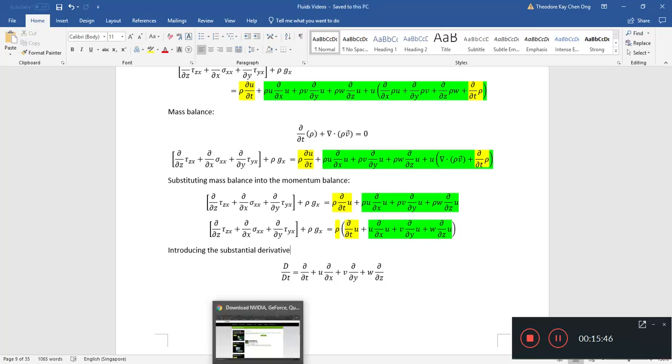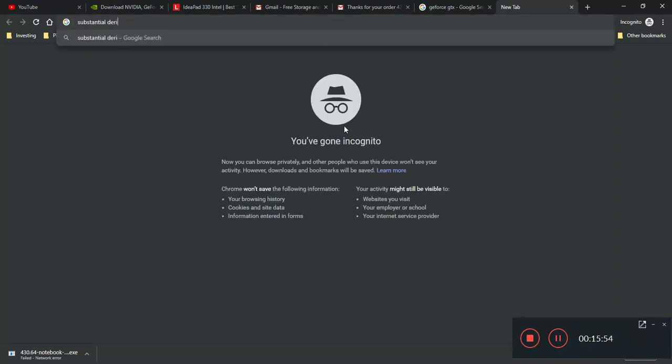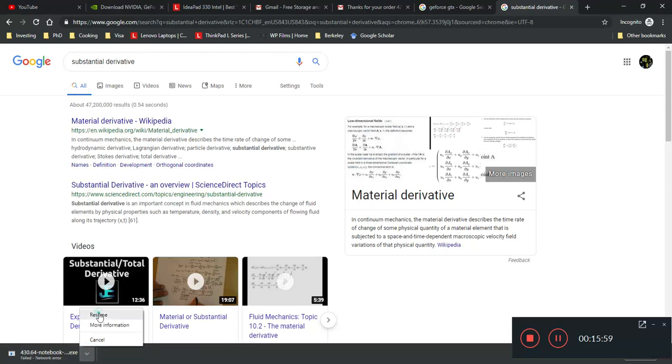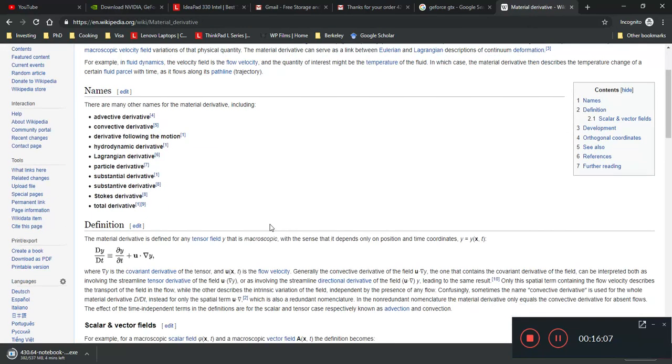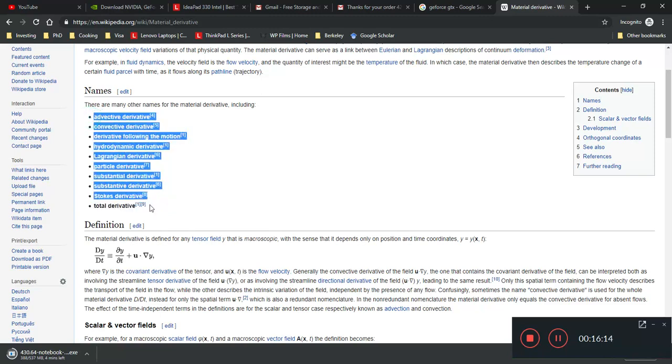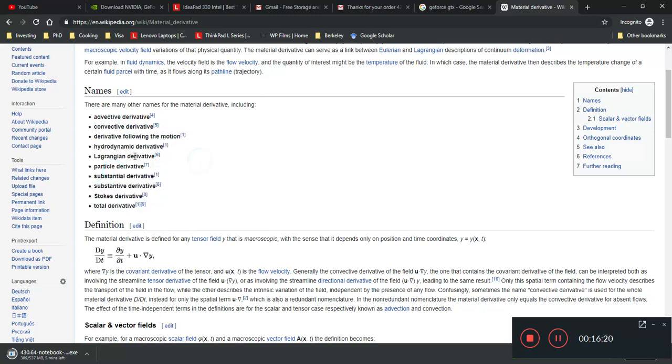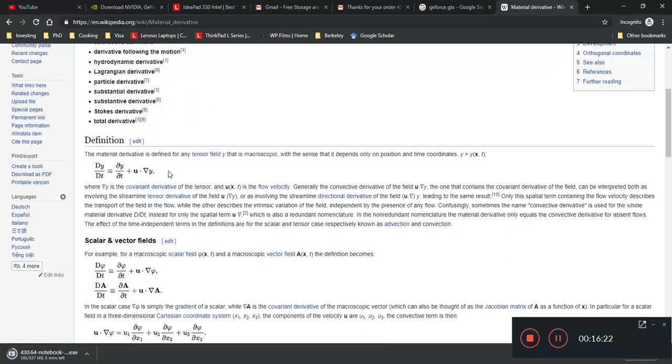Now if you look online, this is actually known as the material derivative in Wikipedia. So again, take a look at this. It's called advective, convective derivative, and so on. It's even called a Lagrangian. So this is what it actually looks like.